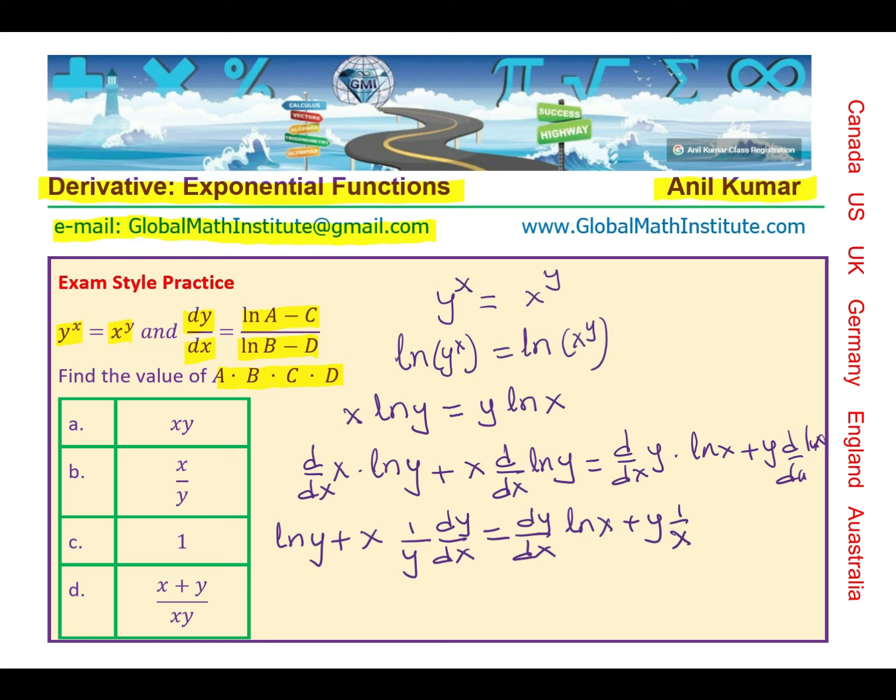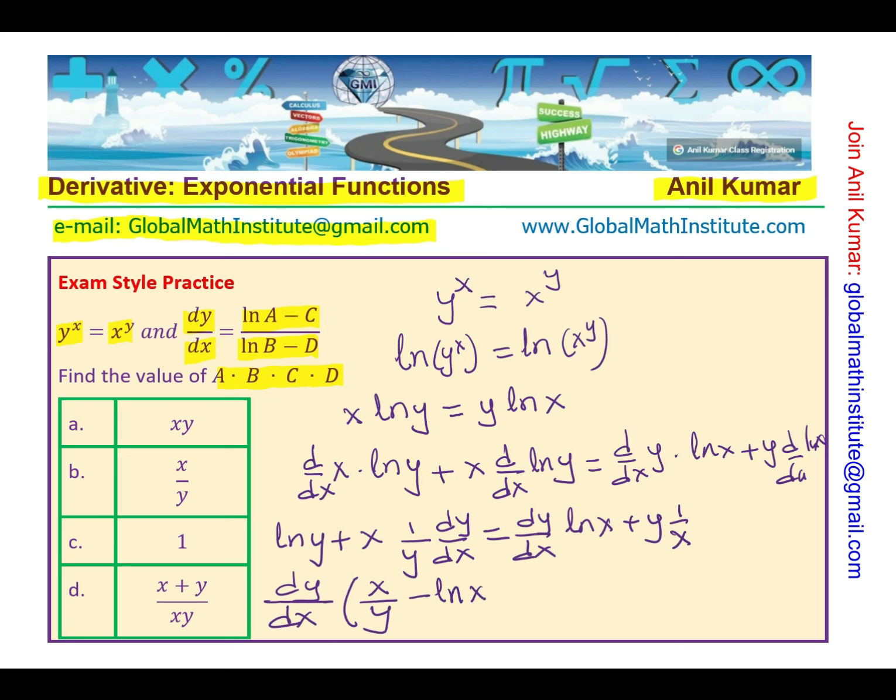Now at this stage, we can bring the dy/dx terms to one side and the other terms to the other side. Bringing them all to the left, we get dy/dx times (x over y minus ln x) equals y over x minus ln y.